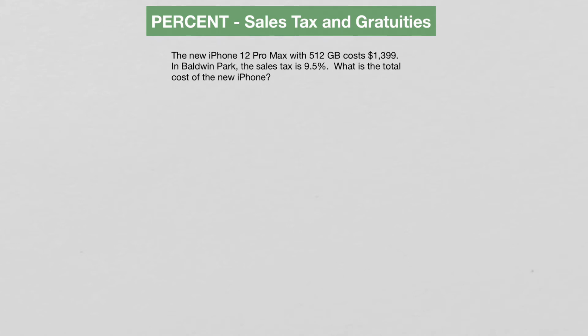So there are two ways to calculate this, and I will show you the first way. And that is, we're going to find out what the sales tax amount is for this phone. And to do that, we take $1,399 and we're going to multiply that by 9.5%.